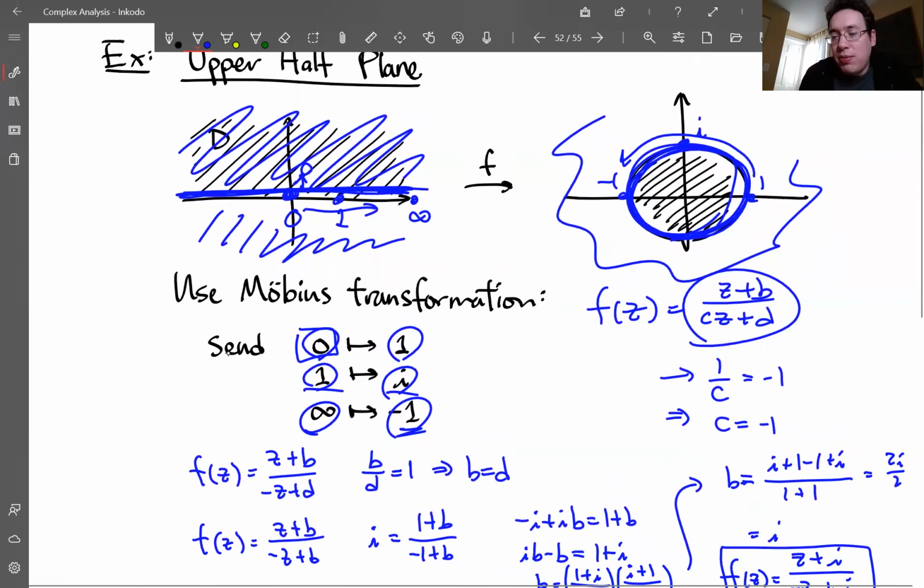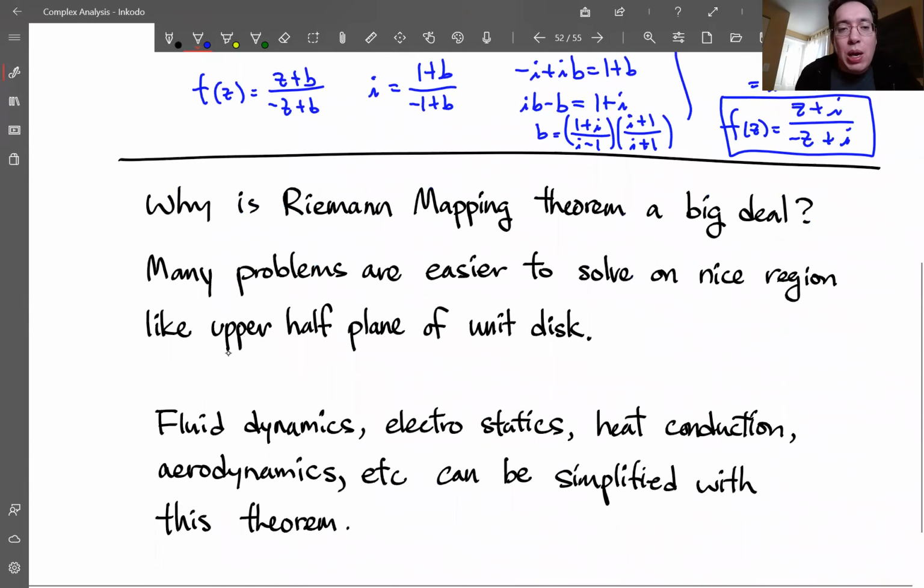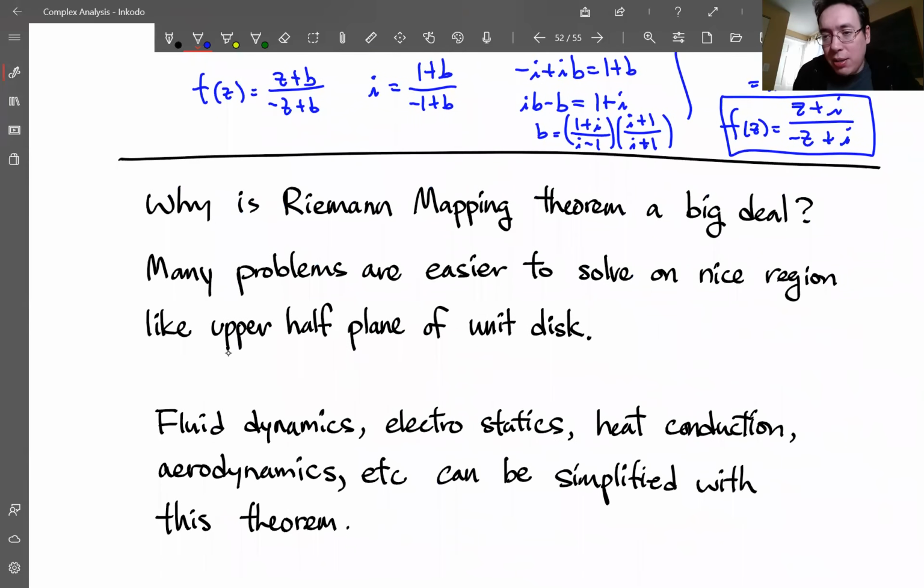In general, for very funny looking simply connected domains, you could use software that computes this conformal map to the unit disk. Okay, so I keep saying how powerful this theorem is. Why is this Riemann mapping theorem a big deal? It's theoretically important because you can use it to prove a lot of theorems.